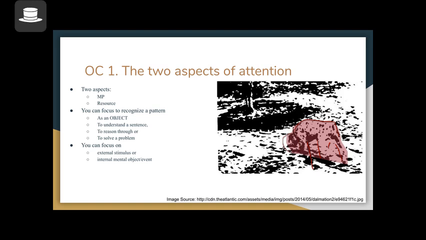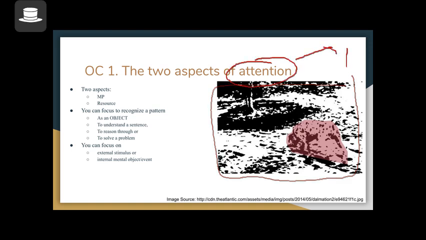Okay, so what do you do when you attend to something? Well, when you attend to something, you recognize a pattern as an object. For instance, when you're trying to attend to the information here, you're trying to identify this as something. So you can see attention and perception are linked.